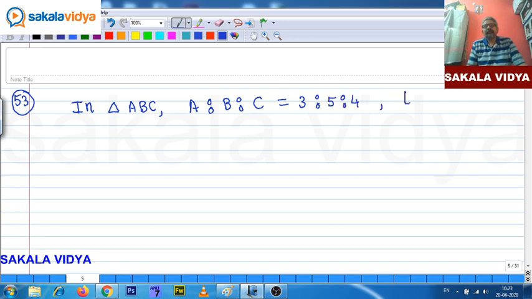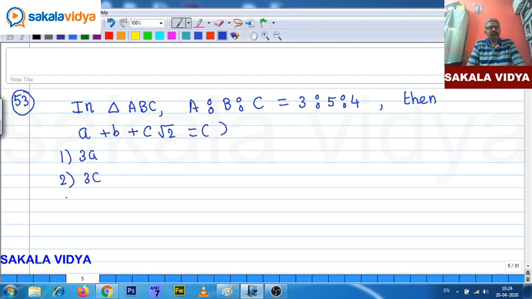Then we need to find A plus B plus C root 2 equals to: first option is 3A, second option is 3C, third option is 3B, fourth option is 2C. The magic triangle will not work in this problem.